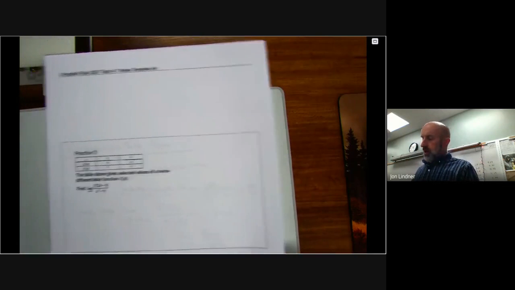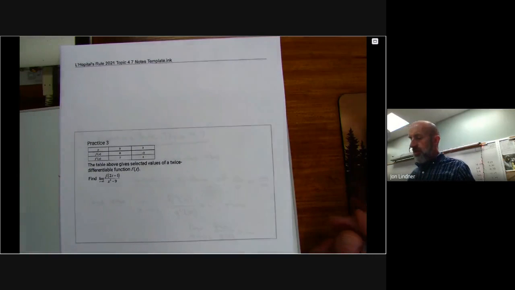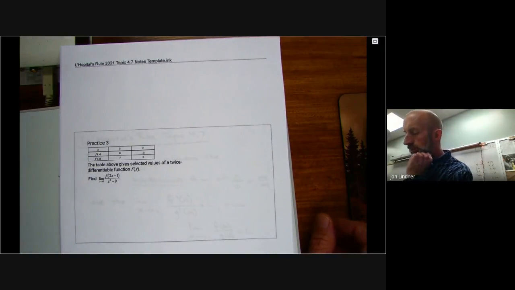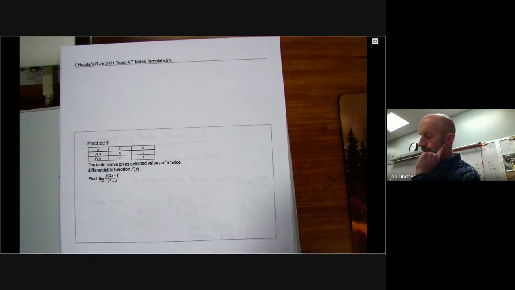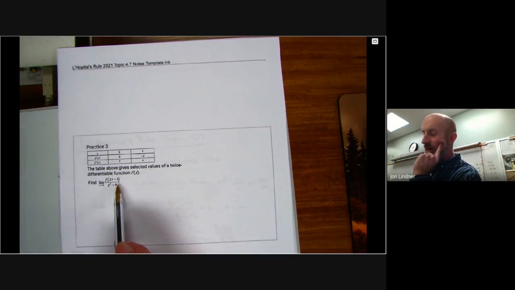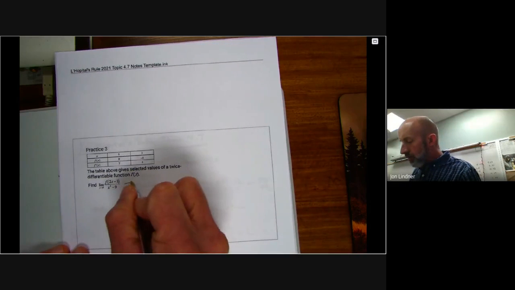Let's take a look at this one. The table above gives selected values of a twice differentiable function f of x. Find the limit as x approaches 3 of f of 2x minus 1 all over x squared minus 9. Let's try substitution again.